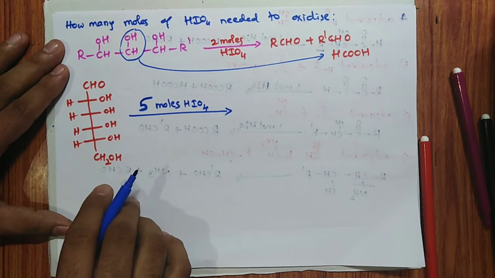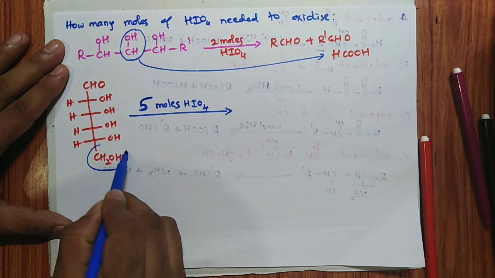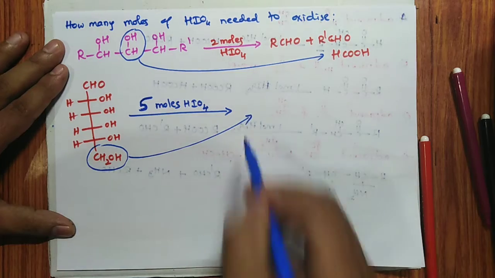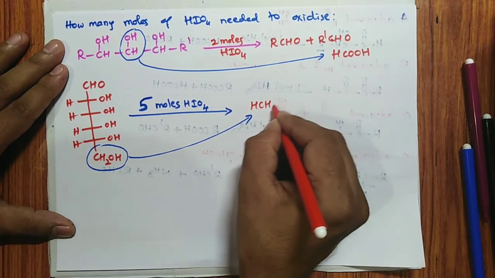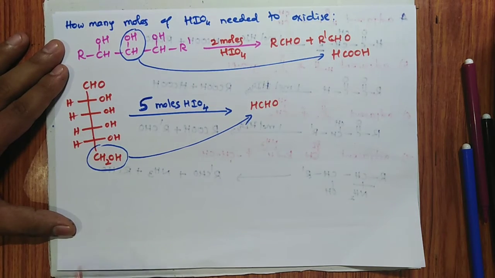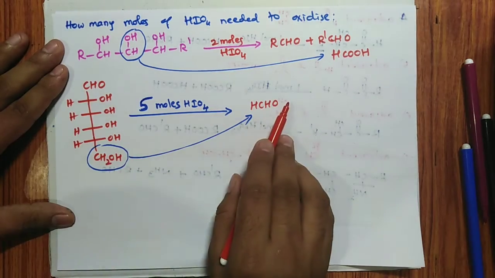What is the product formed? Very important. This is CH2OH, correct? The alcoholic group is converted into aldehyde, so HCHO.